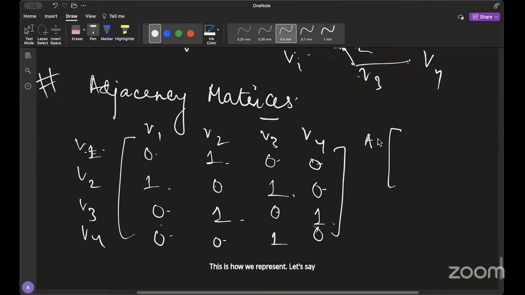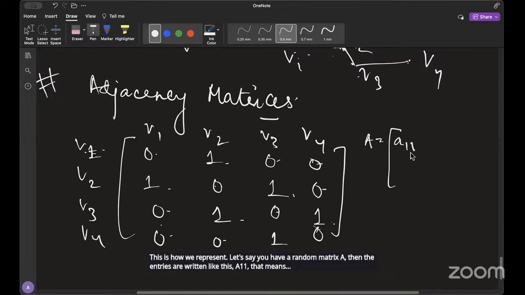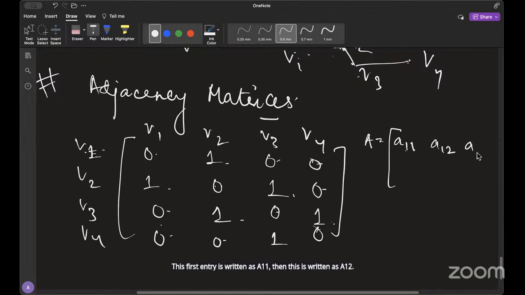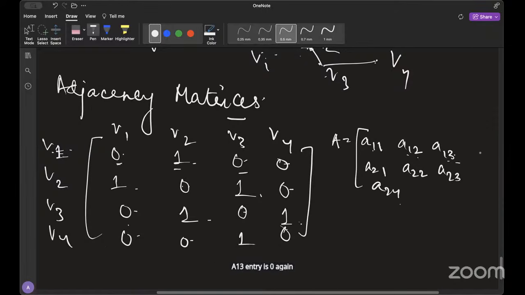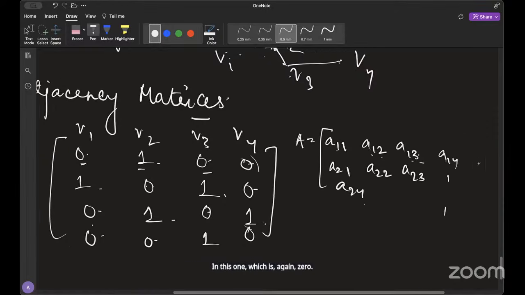Let's say you have a random matrix A, then the entries are written like this: this first entry is written as A11, then this is written as A12, this is the A13 entry. Then A21, A22, A23, A24. So from here, your A11 entry is 0, A12 entry is 1, A13 entry is 0 again, and A14 is again 0. That's how you continue here.